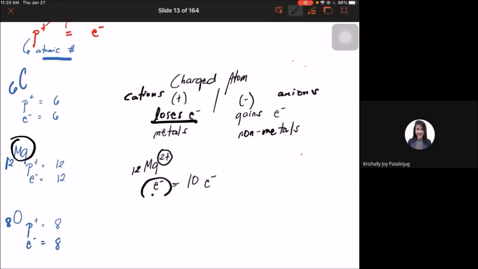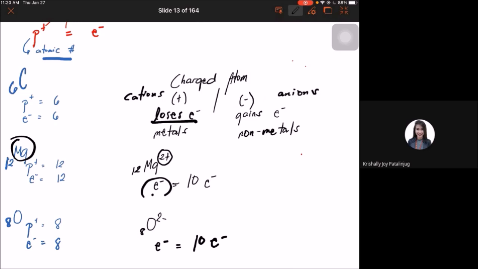Now, with regards to oxygen, since this is a non-metal, it is expected that during chemical combination, it will tend to gain electrons. That is why its ion form has a 2 negative charge. If it gains 2 electrons, then it will now have a total of 10 electrons to make it stable during chemical combination.